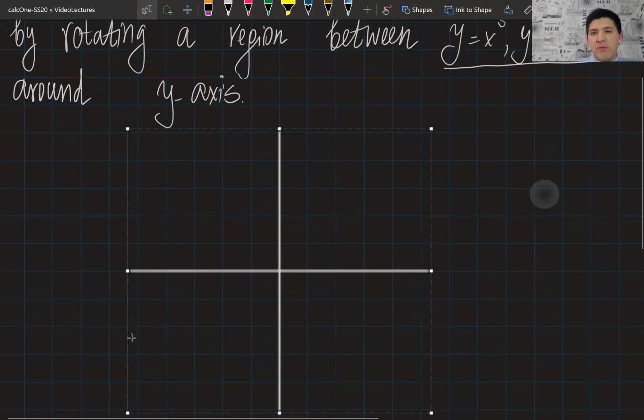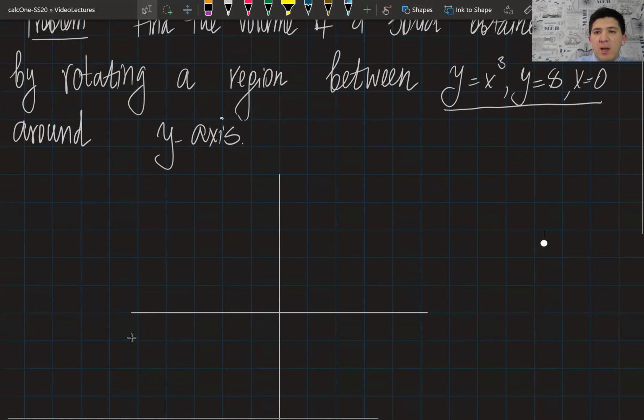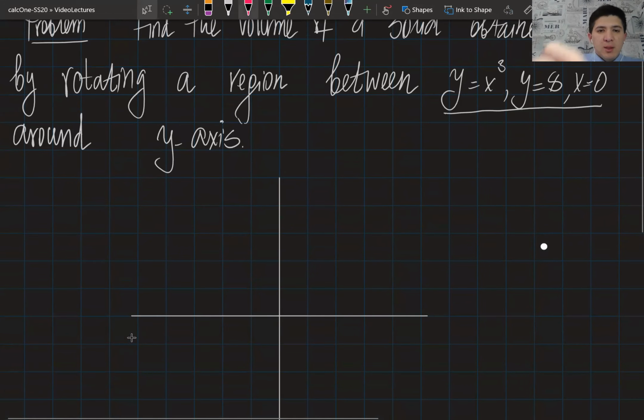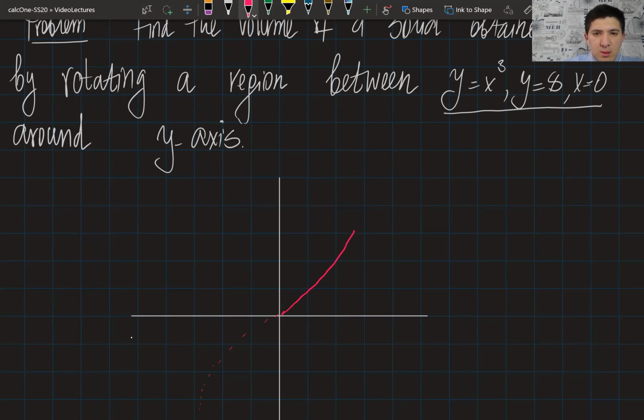So the first curve, y is equal to x cubed, is basically looking like this, right? Roughly. So x is equal to zero curve. It's all the points where the x coordinates are equal to zero.